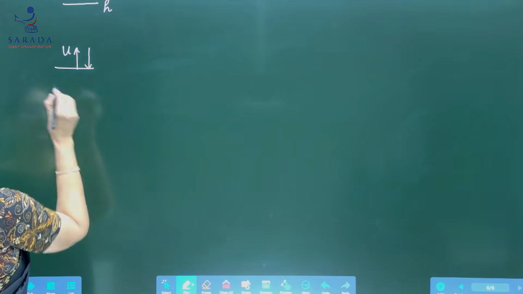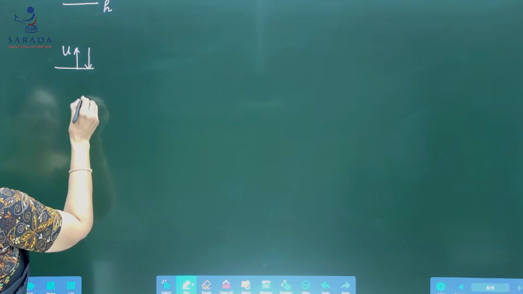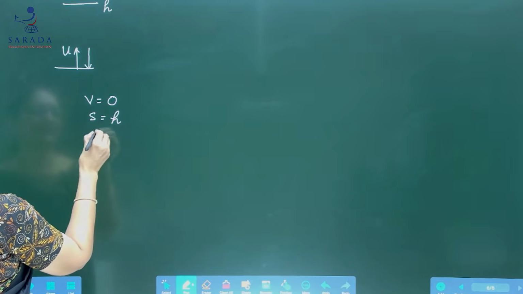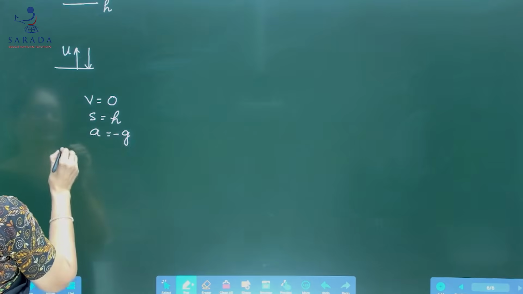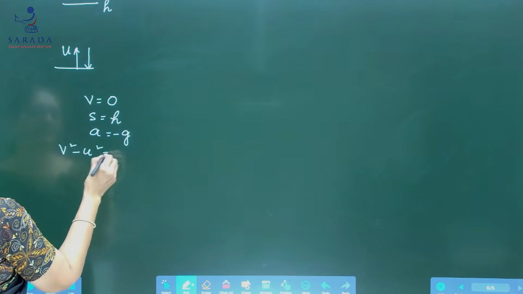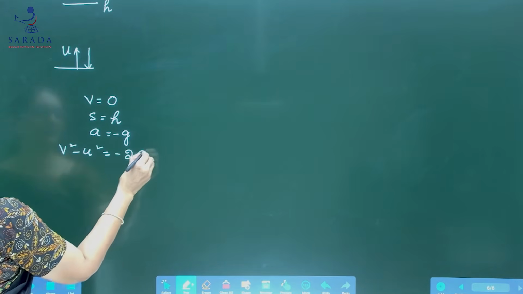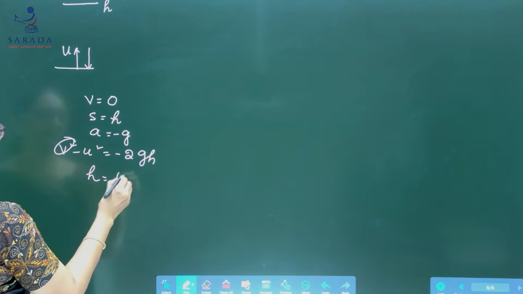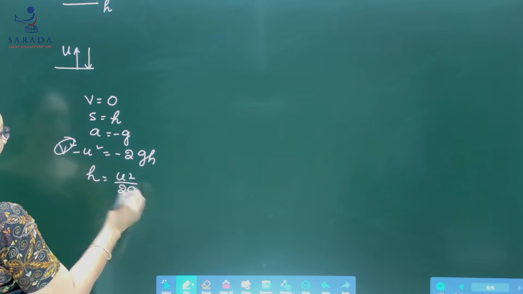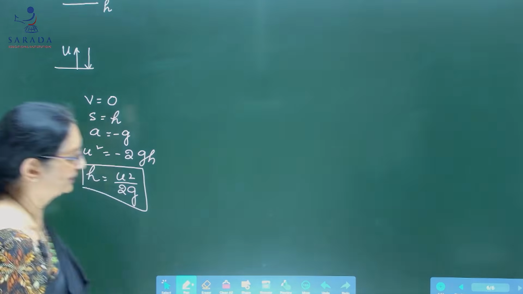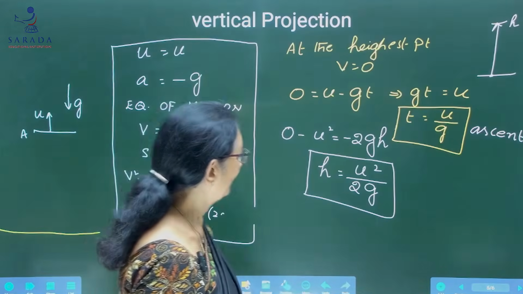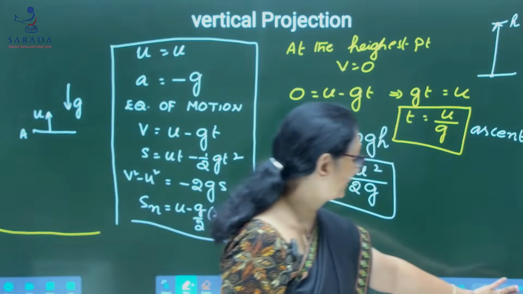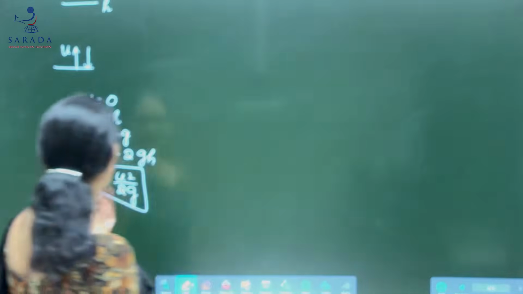So, look here. When a body is projected vertically up, at the highest point v is equal to 0, s is equal to h, a is equal to minus g. v square minus u square is equal to minus 2gh. So, h is equal to u square by 2g. Actually, in the previous page, we proved it already. Maximum height reached by a vertically projected body is u square by 2g. That is what I proved again.